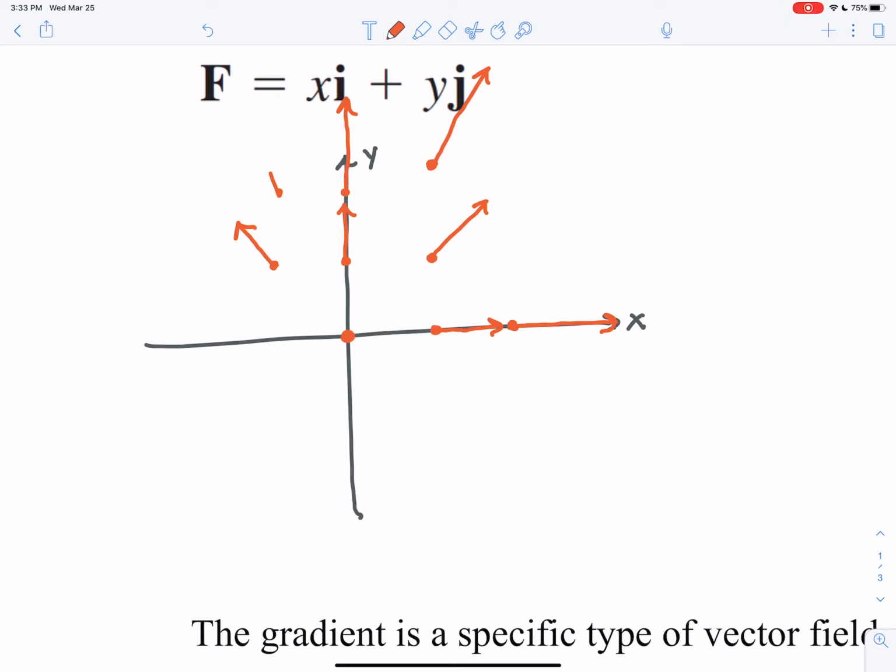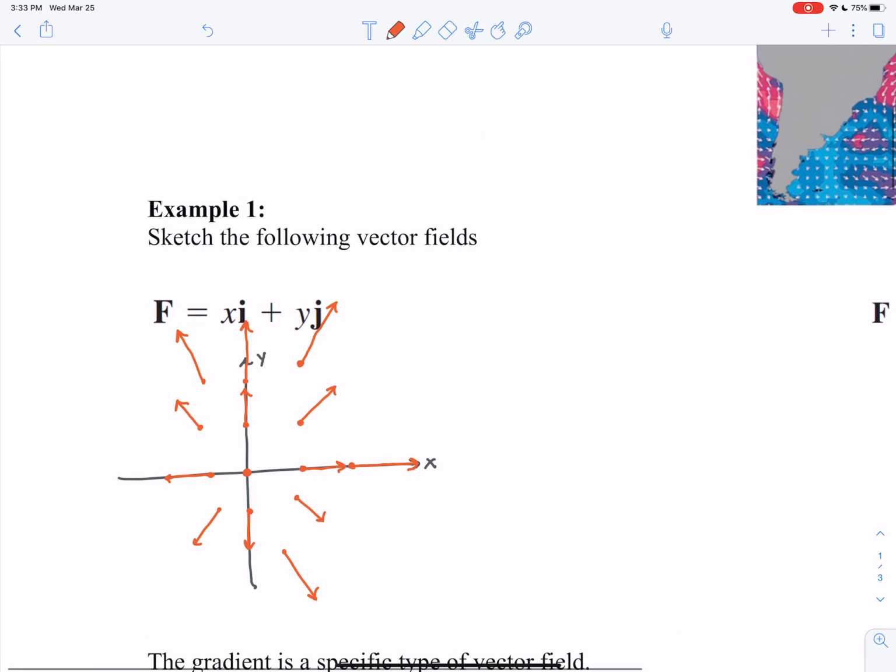So all pointing away from the origin with a magnitude that's kind of related to how far away it is. All right, so this is what that vector field would look like. And these points will be a little bit longer. Okay, so that's a sketch of that vector field.